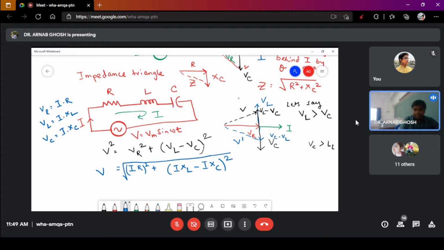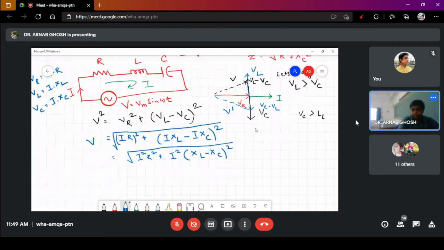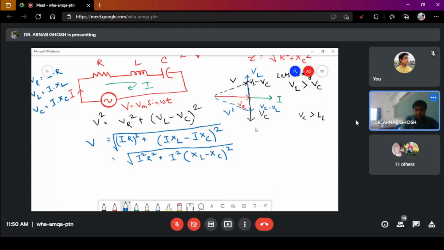So this becomes I square R square plus I square into XL minus XC whole square, since I square is common. Right?